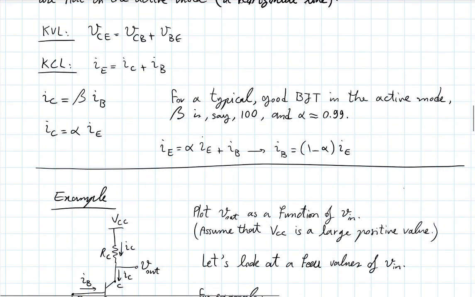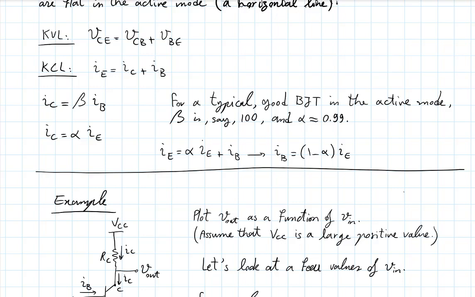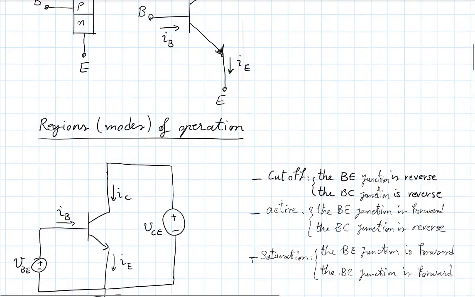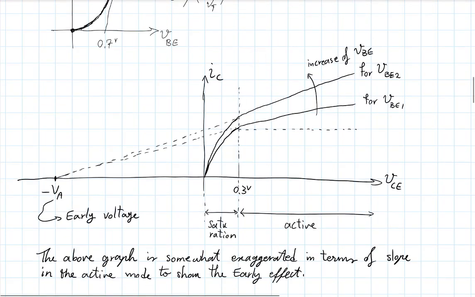But really, it would be very hard to understand these without, again, going through these basic IV characteristics, thinking about the different modes. Again, remember that for many of the things we do, we are not concerned with this increasing slope in the active, or that non-zero slope in the active mode. Very often, we assume that they are flat. Here, I wanted to show this Early effect to you so that you're aware of it.